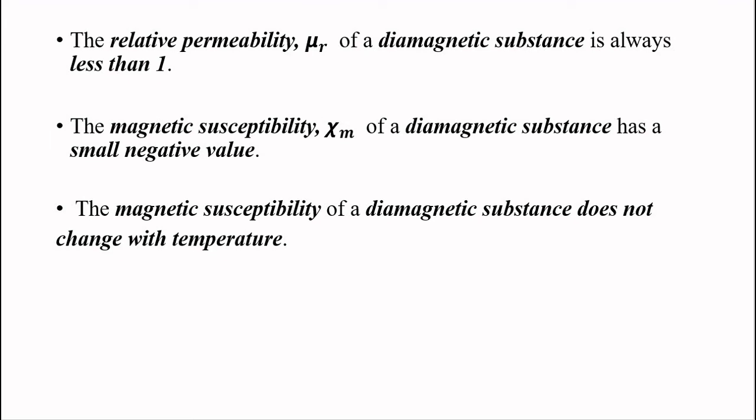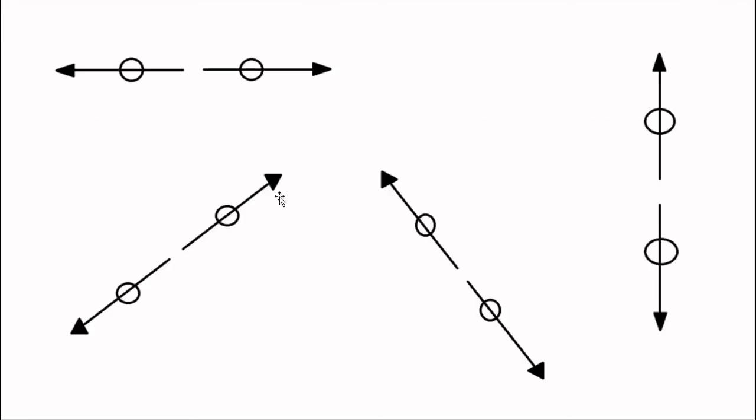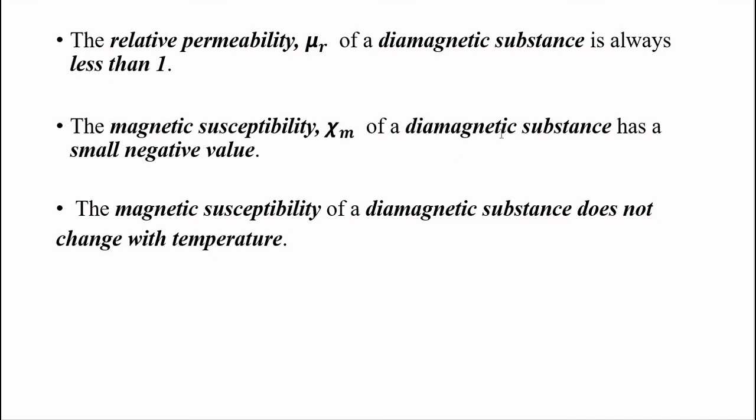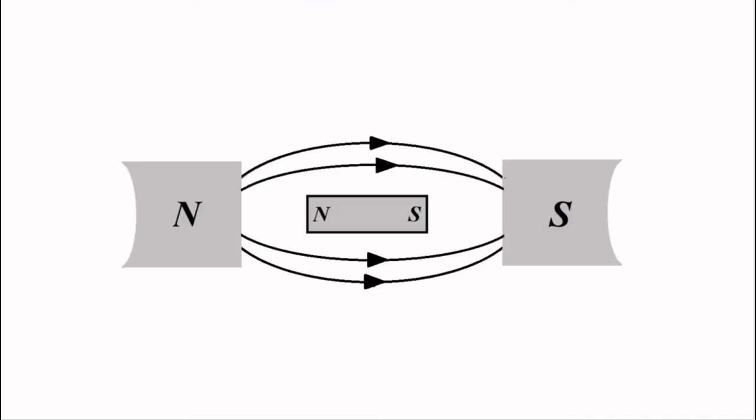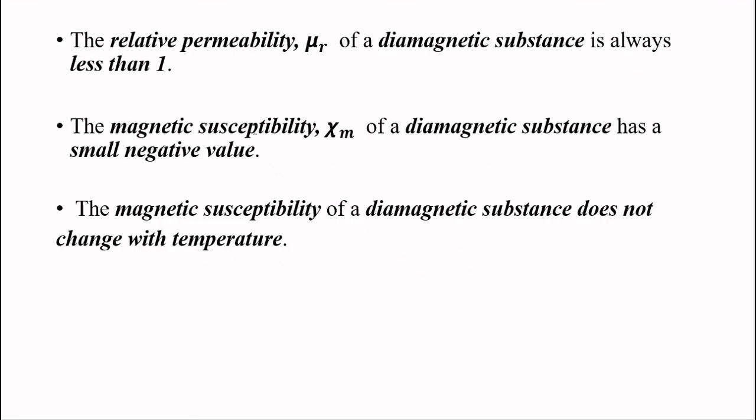Again, because the diamagnetic materials are weakly magnetized because of the cancelling of the magnetic dipole moments, they are not easily magnetized. They cannot be magnetized very easily. So that's why the susceptibility is also very low, a small negative value. And also the permeability, the conductivity of magnetic field lines of force, there is no conductivity, so permeability is also less than 1. Susceptibility is a negative value, permeability is less than 1.